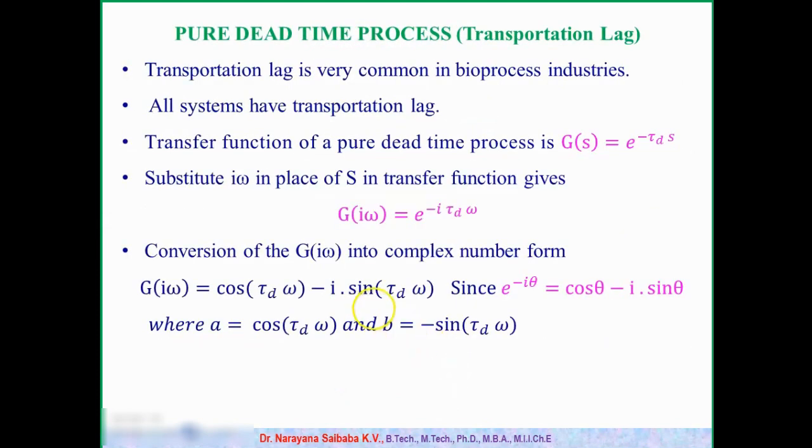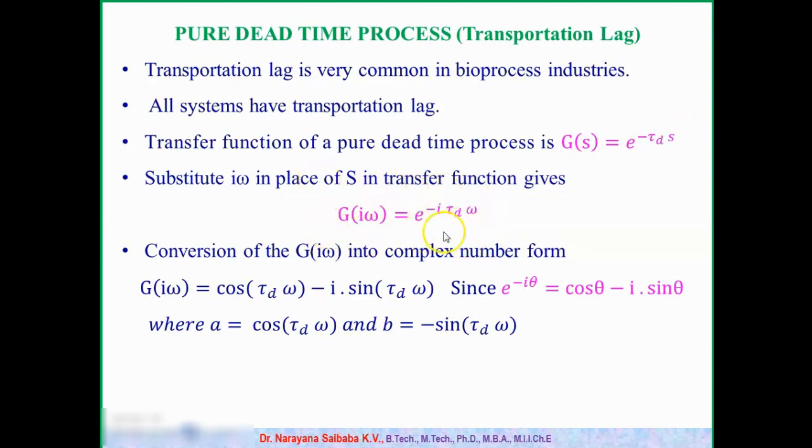Now coming to our transportation lag or transportation delay system. For this we can write G(s) equal to e power minus tau d s. Now we apply the substitution rule. First step is to replace s with i omega, so that G(i omega) becomes e power minus tau d into i omega, that is, e power minus i tau d omega.